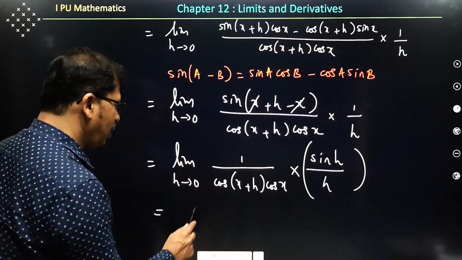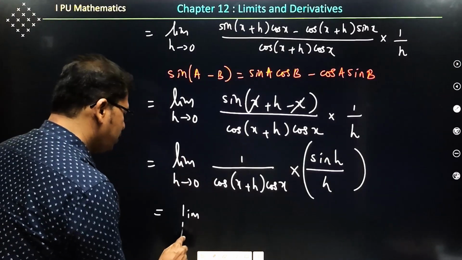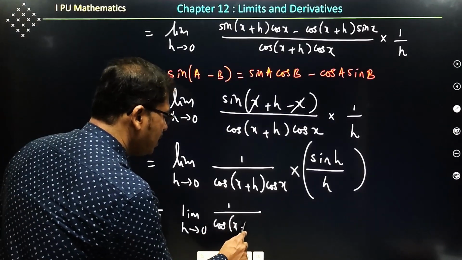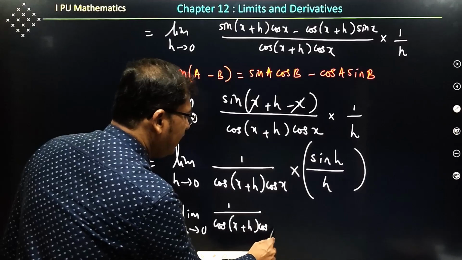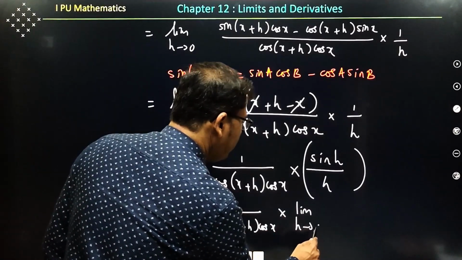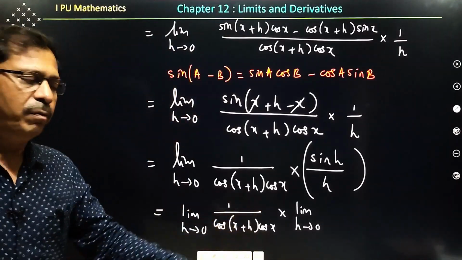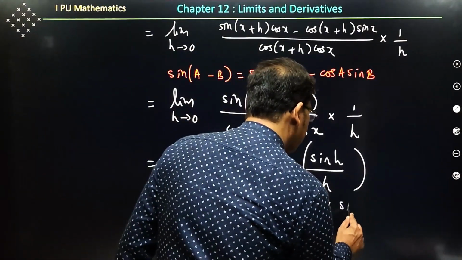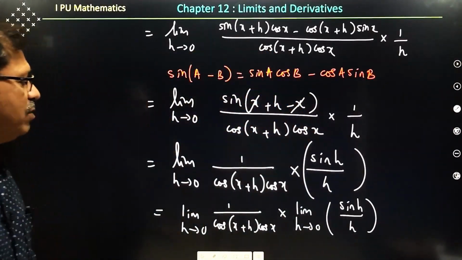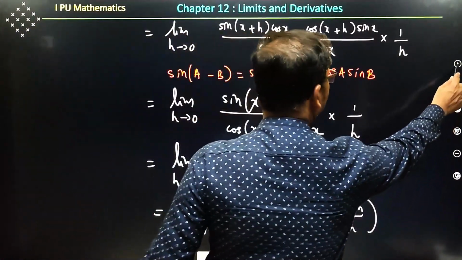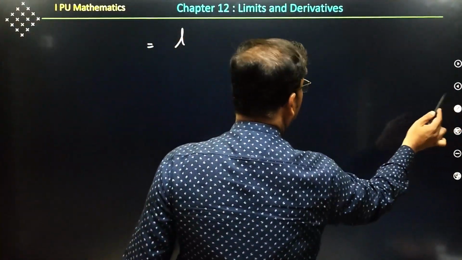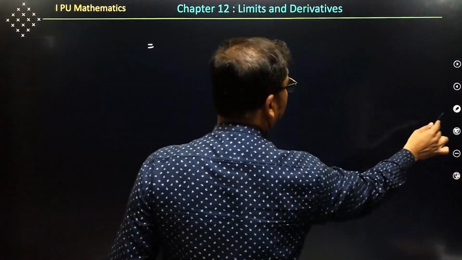One additional step I would like to write, see here. This is limit h tends to 0, 1 upon cos of x plus h into cos x, into, now applying the limit to the next term by the rules of limits, limit h tends to 0 of sin h by h. So this is equal to, next evaluate here, no need to write the limit now.